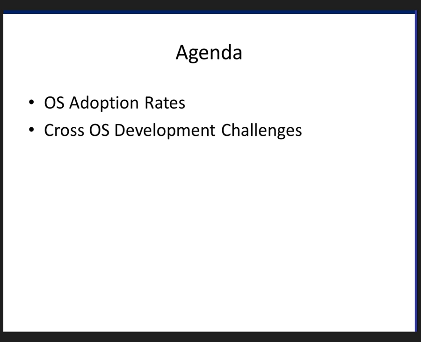Once we talk about how the adoption rates are going, which will be pretty quick, I'm going to jump into some of the challenges that, whether you're a manager or a developer on a team, you're going to run into as we deal with writing C++ apps or other apps that need to target not only Windows, but also Macintosh. And we'll talk about some of the challenges there. And then I'm going to turn things over to JT, who will show some pretty cool demos of what we can do to help solve those challenges.